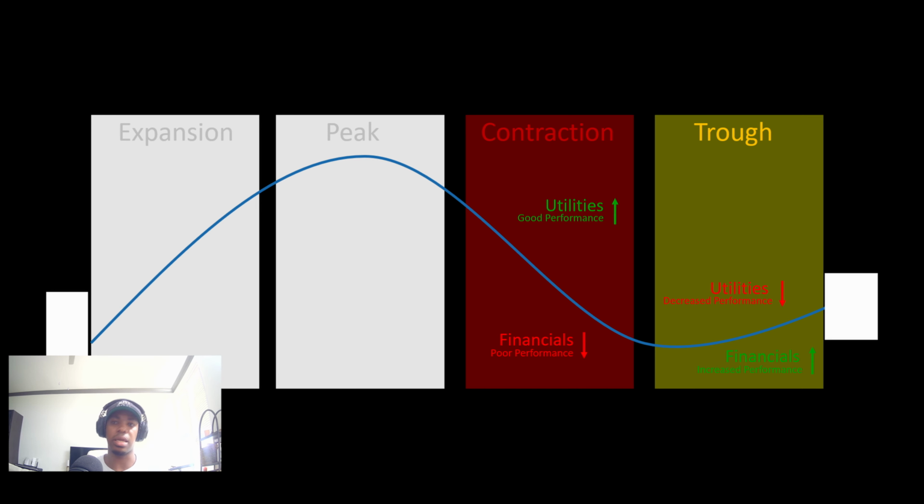So by using sector analysis, we can identify a rise in the financial sector performance and a decline in the utility sector's performance, right? And so we can use this kind of analysis to determine when the phases may be changing in order to enter the market early, right?